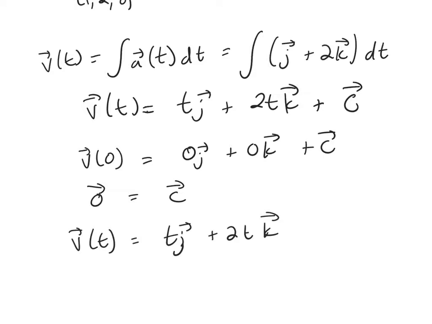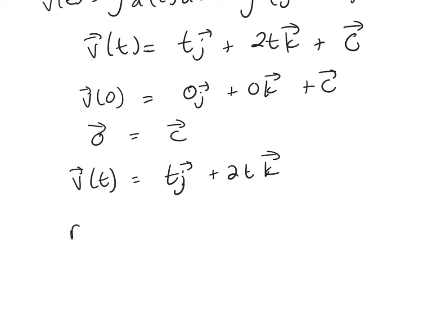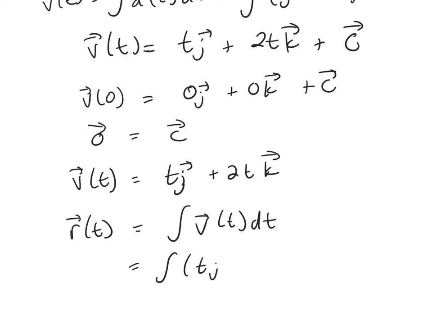So I'm not quite where I want to be because I want to know about position. So I need to get back to the function r. To get r, we're just going to compute the integral of the velocity vector. Well, this is the integral of tj plus 2tk.